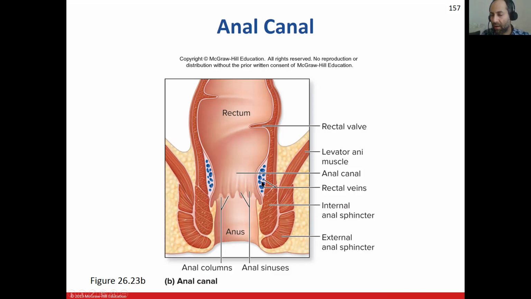1 in 3 Americans will develop hemorrhoids at some point in time. So if you're overweight or obese, if you're pregnant, if you have any condition like chronic cough or prostate enlargement where you have to strain constantly, or you're a heavy lifter, your intra-abdominal pressure rises, and your risk factors for developing hemorrhoids increase significantly, right?